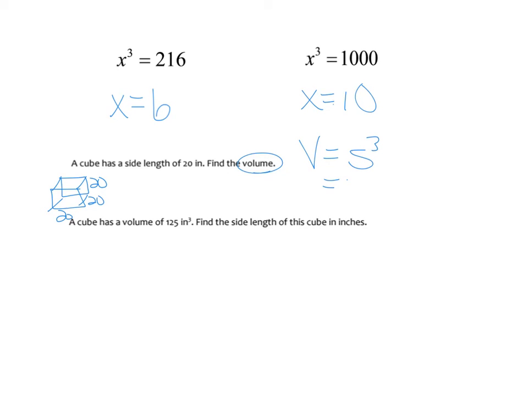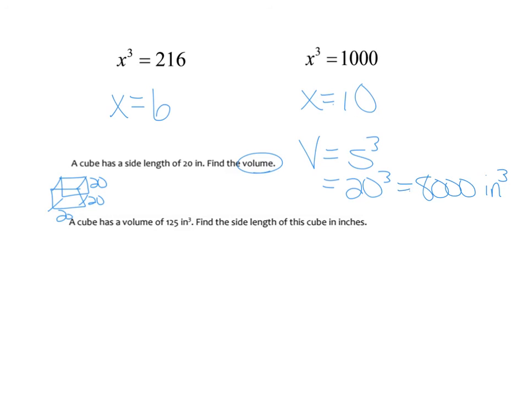So we're going to plug in 20, and 20 cubed is 8,000. Volume is in cubic units, so this would be inches cubed. That's how many little cubes we can fit inside that box. That's why it is called cubic units.